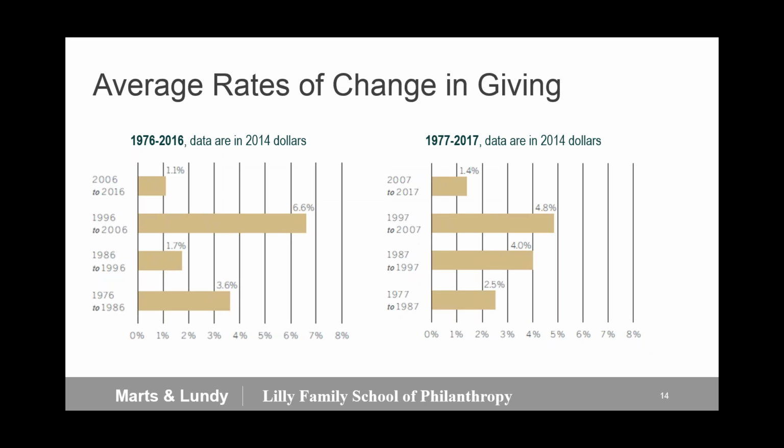We're emerging from the Great Recession. You can see the Great Recession years were a period of remarkably low growth, especially when viewed in historical perspective. What we have here is that the results suggest that giving is going to recover over time, and I think this, taken together, is very good news for the philanthropic sector.